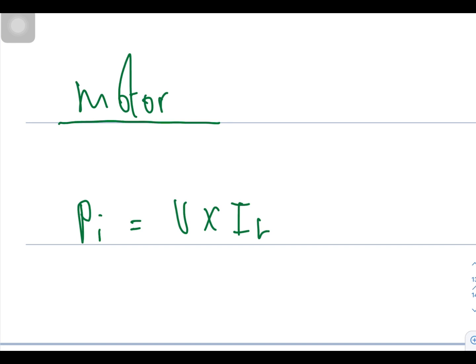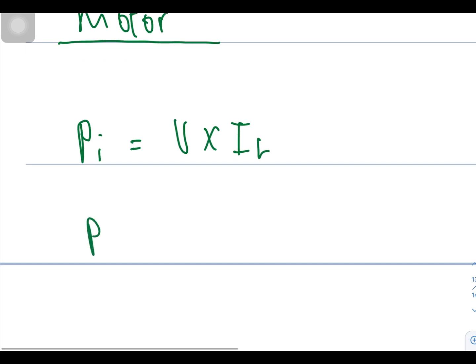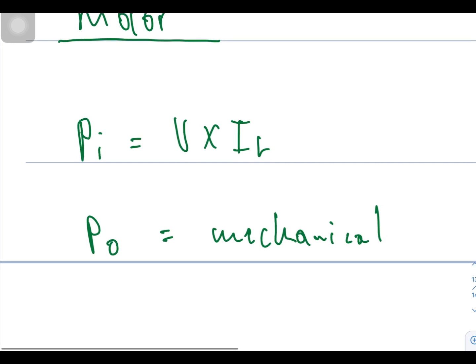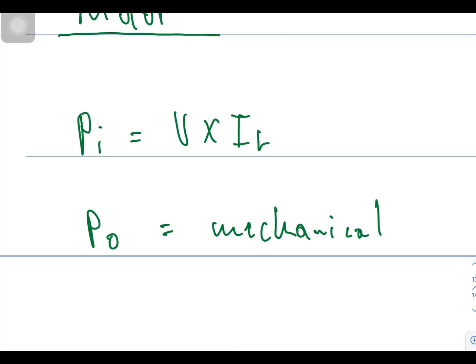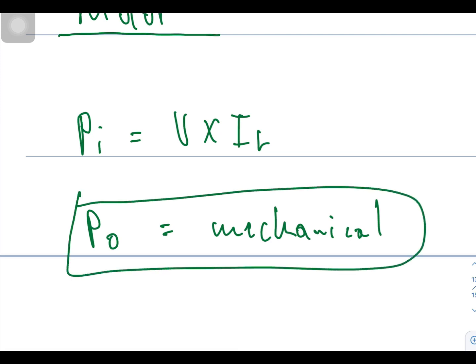In some instances, if you are given a power and you are not told anything, usually it is the output power, which is nice about a motor, because that means it is the output power, and output power is mechanical. But now, if they want the input power for that motor, you have two options.